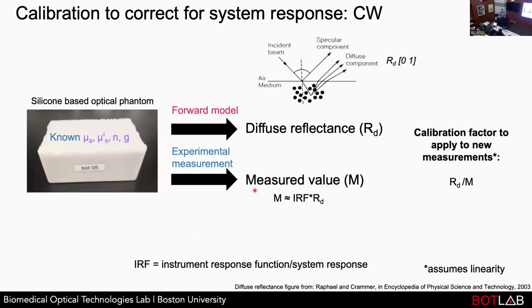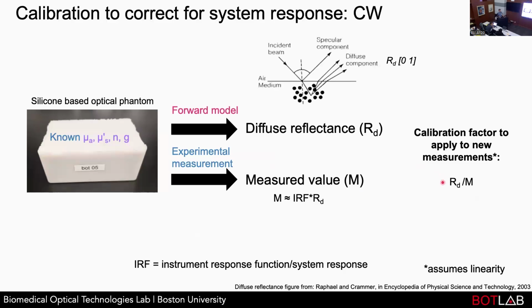It's not going to be the same as this value because M is a function of our instrument response function and the diffuse reflectance. But we can apply a calibration factor if we assume that the instrument doesn't change over time or between the calibration measurement and the measurement we take, for example, on tissue. And we can also assume, or we can validate, that the instrument is linear in its response.